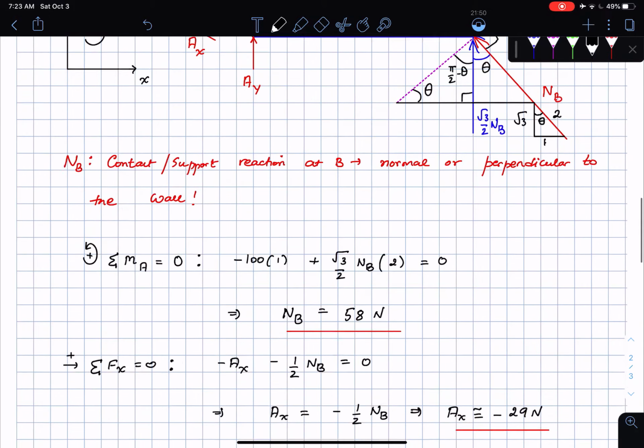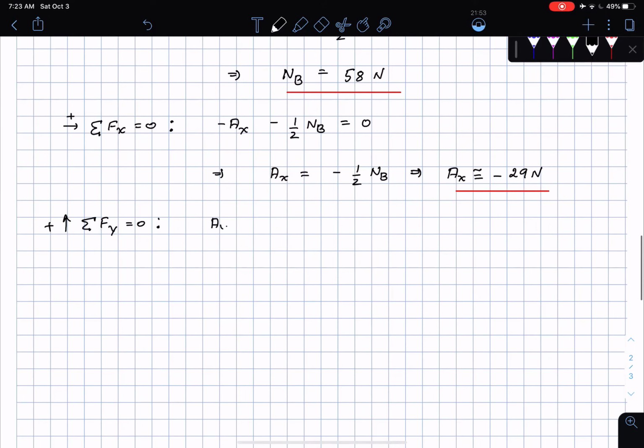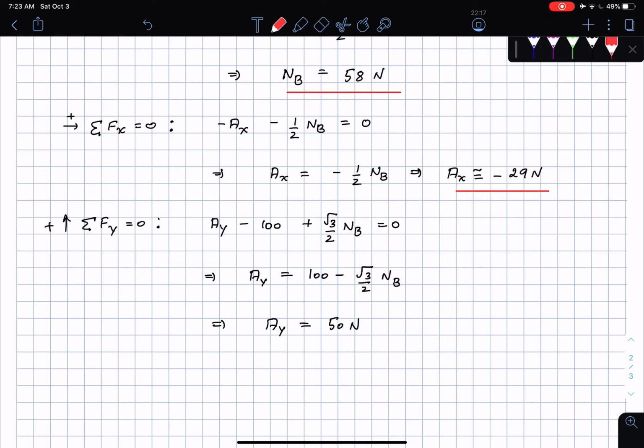So I collect all of these and say AY minus 100 plus root 3 by 2 NB is equal to 0, which means that AY is equal to 100 minus root 3 by 2 NB, or AY, after you do the simplifications, is going to end up being approximately equal to 50 newtons. And so this is the end of the problem.